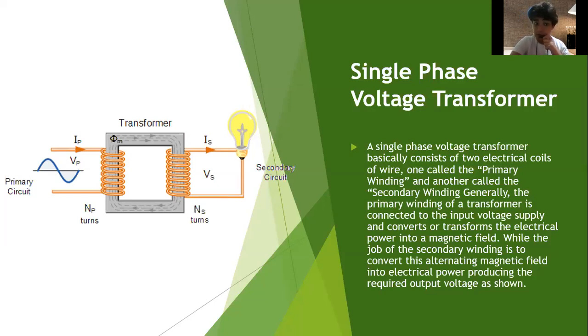Since there is a coil, there are windings: a number of primary windings and secondary windings. The secondary winding generally is the one that is connected to the secondary circuit.